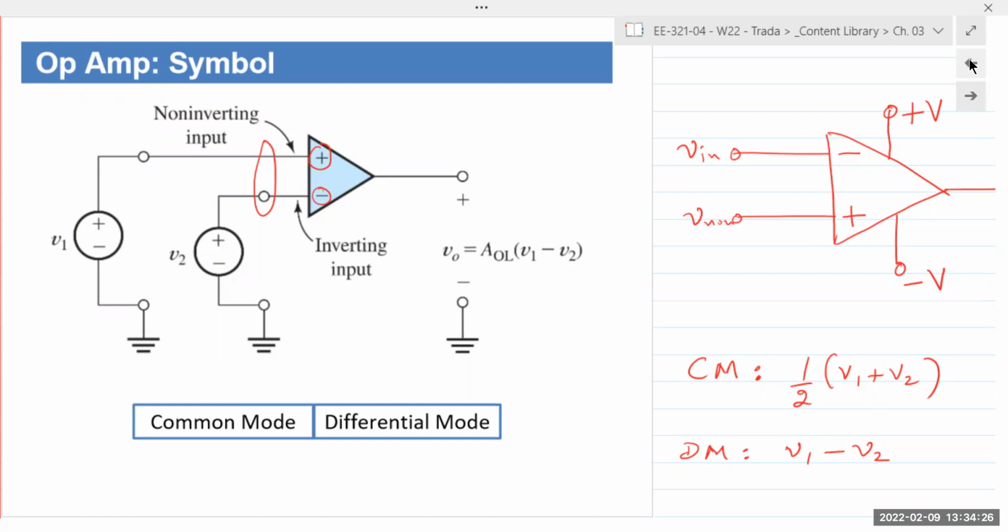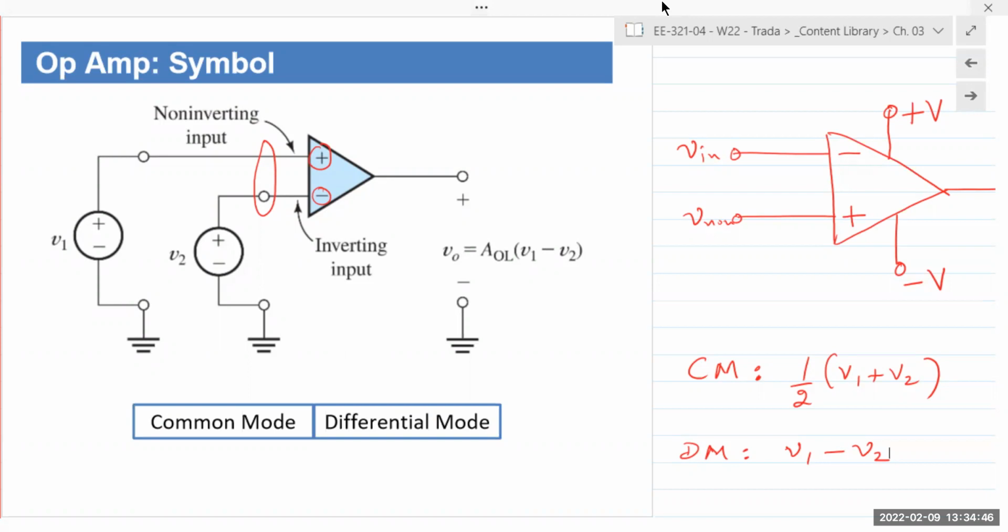So if we were trying to measure a very, very small signal, we would reject any noise that appears at both terminals and amplify only the difference. And that's one of the beautiful points about the op-amp function.